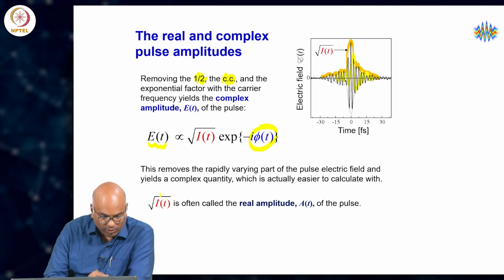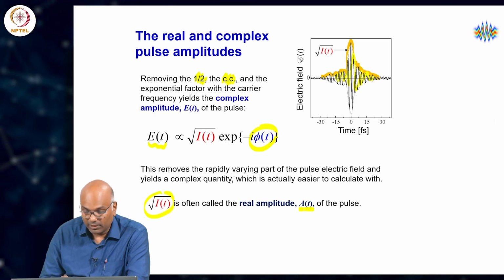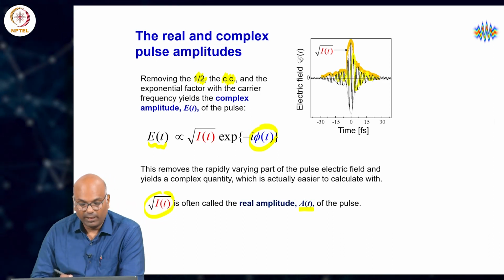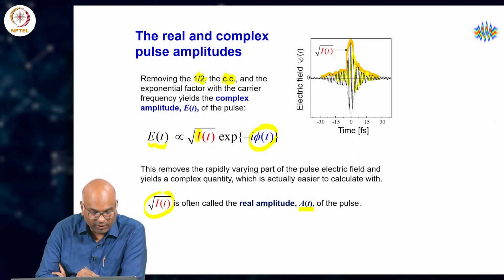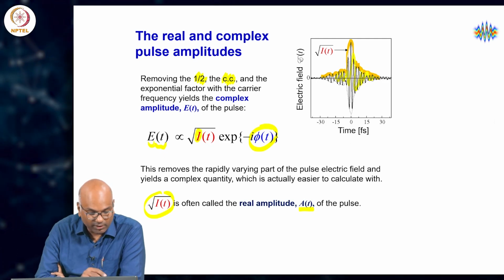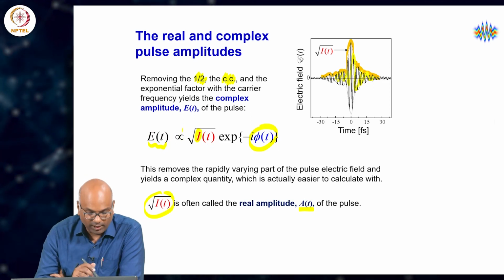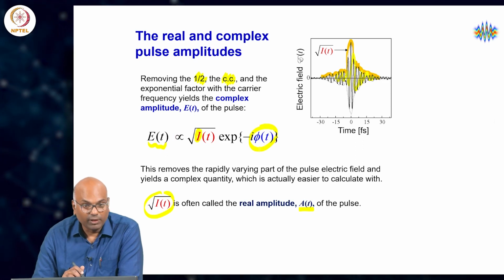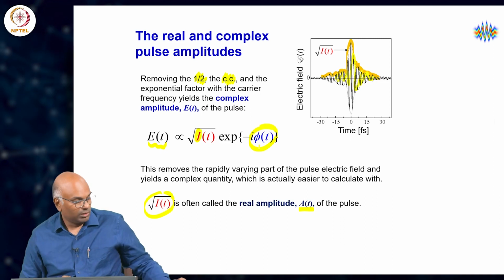So the square root of I(t) is often called the amplitude or the real amplitude of the pulse. Another point that I will make subsequently is that I is a real valued function, although E on the left, which right now we are referring to with a proportionality sign, can have an imaginary part. It is essentially a complex valued quantity.